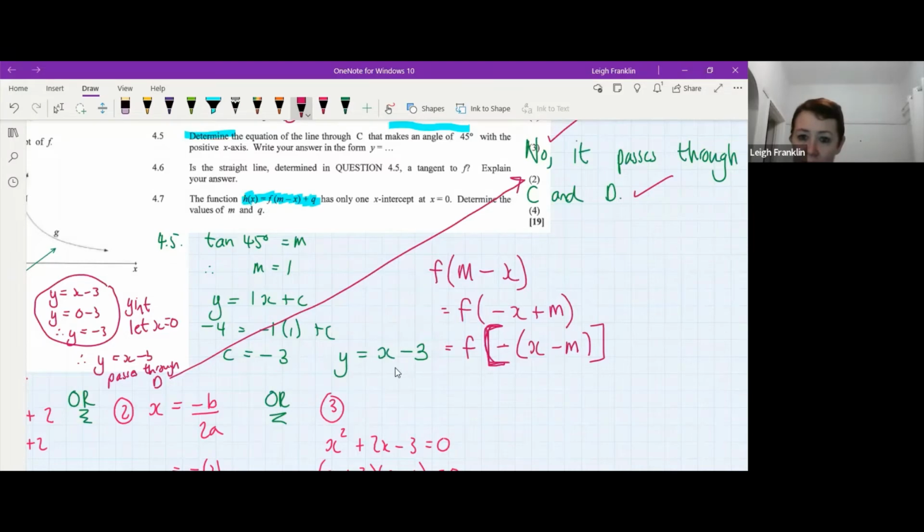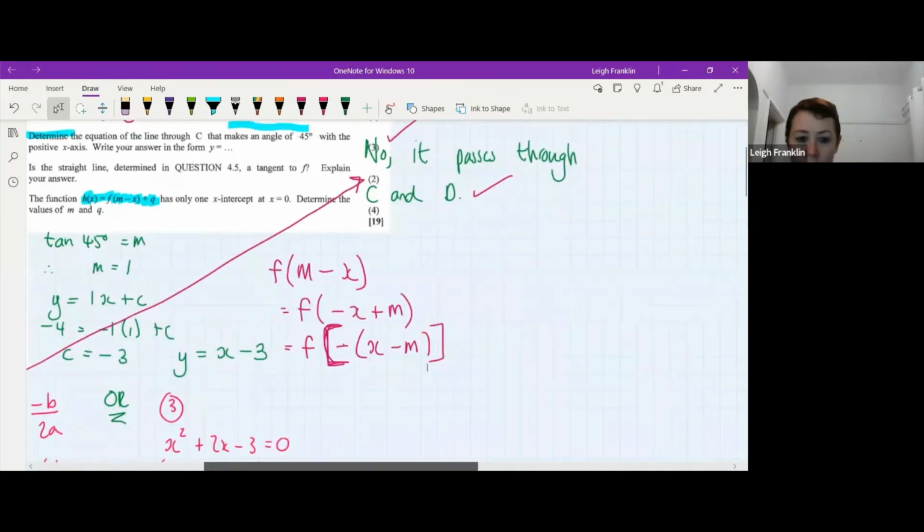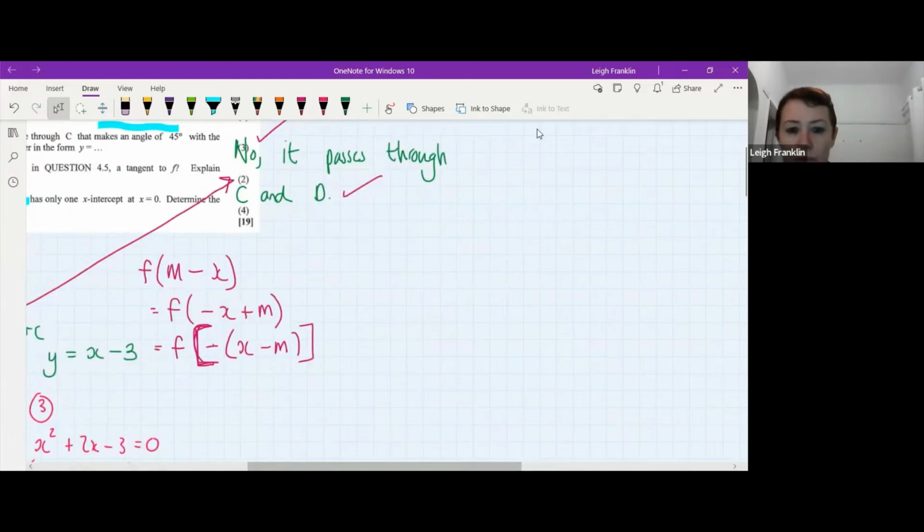Are you happy with that? So just writing it a little bit better over here. If we've got f of m minus x, we can factorize out the negative. That gives us x minus m.